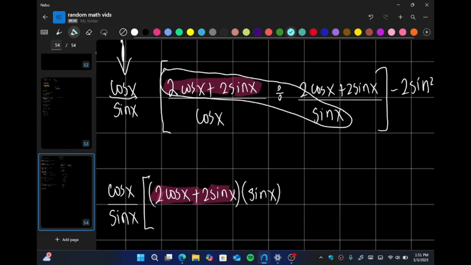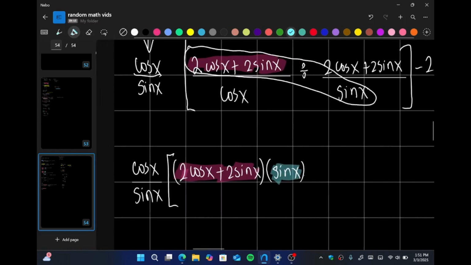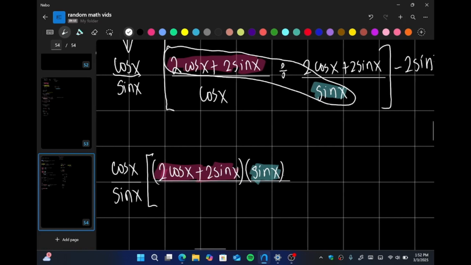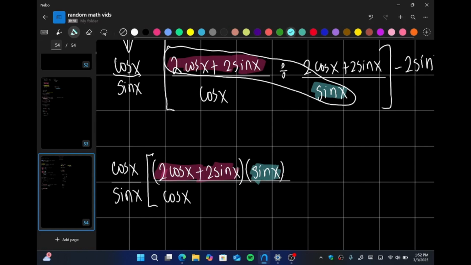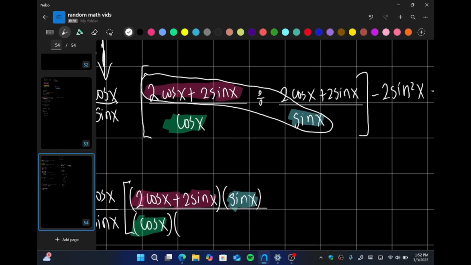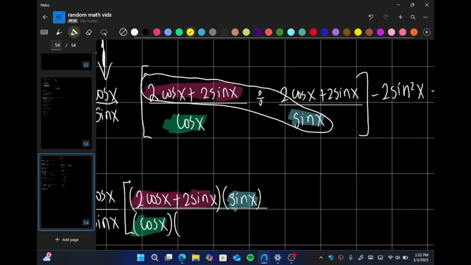So times this one here, and then over, just so we don't waste a lot of time writing everything down, over cosine x, I'll put it in green, times the same thing, which was 2 cosine x plus 2 sine x.